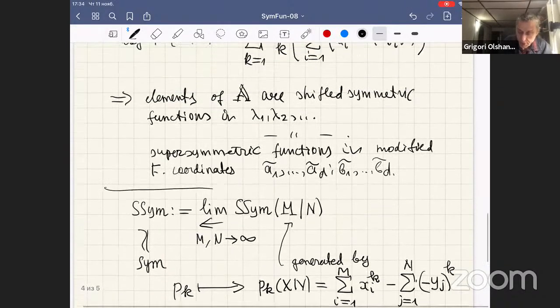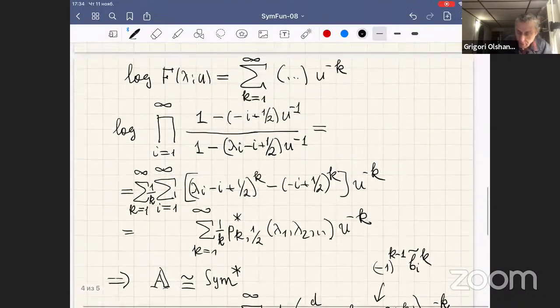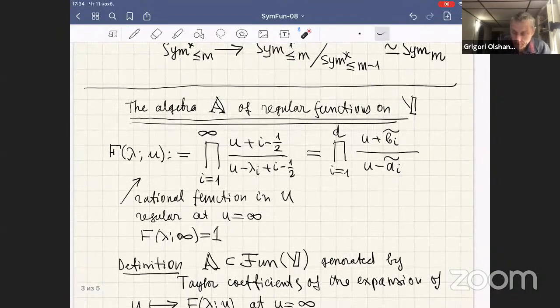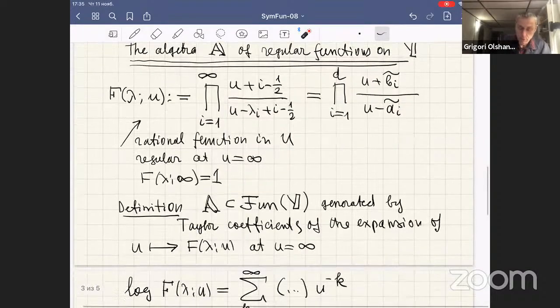This is because of the definition. So look again at this picture. It's not evident from this, but it becomes evident from this formula, because transposition of Young diagrams boils down to interchanging A and B Frobenius coordinates.